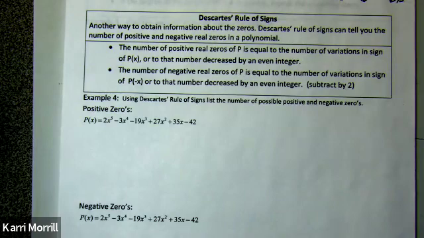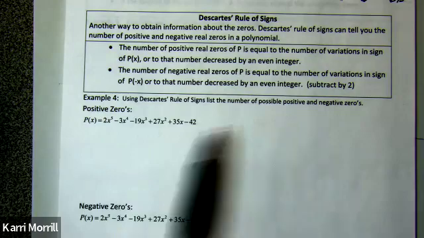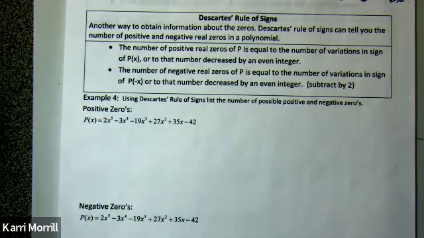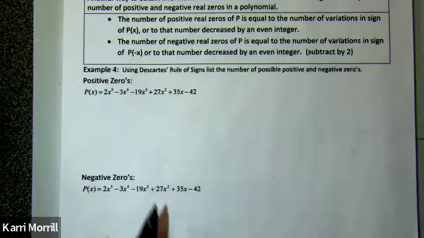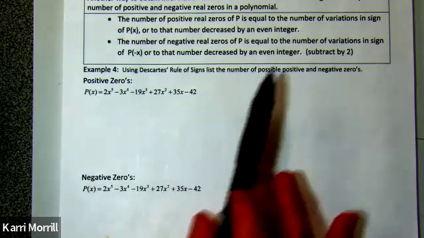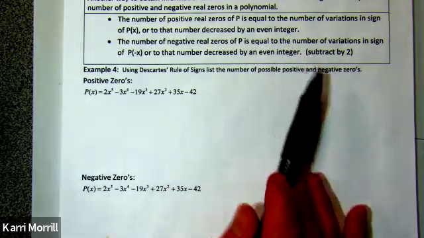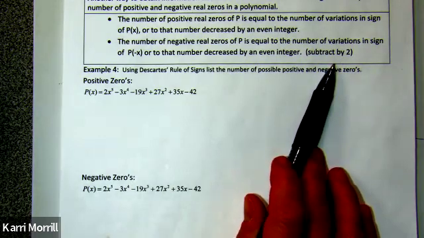One thing is we're going to be counting sign changes from term to term. I'm using the same polynomial for this one, if you notice, to find the positive zeros and the negative zeros. And the thing is, if you can subtract however many sign changes there are by 2, you will, because we could say there's 0 or 2 possible positive zeros, okay?